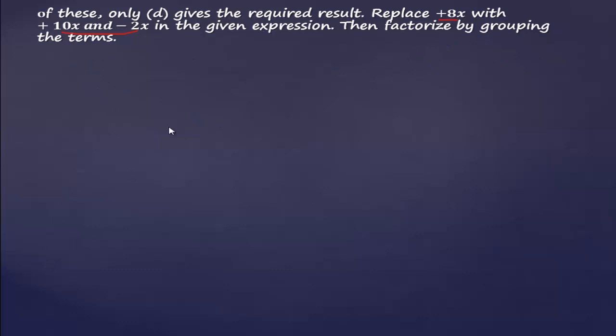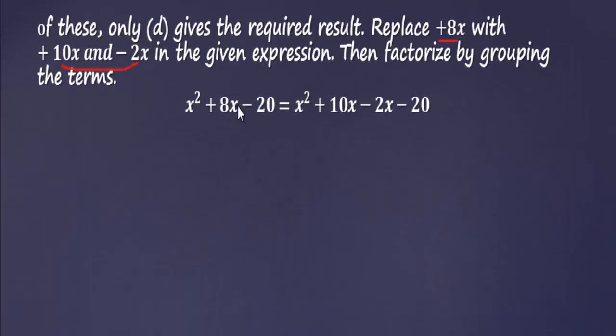So let's move further. Now the equation x squared plus 8x minus 20 is going to be x squared. Where you see 8x, you are now going to replace it by those two factors. When you see 8x here, you are now going to put plus 10x minus 2x like this.